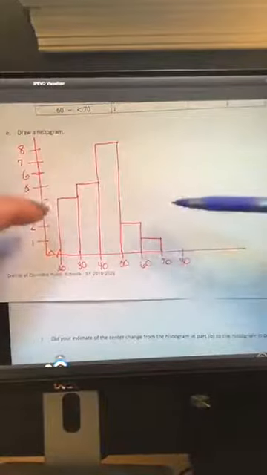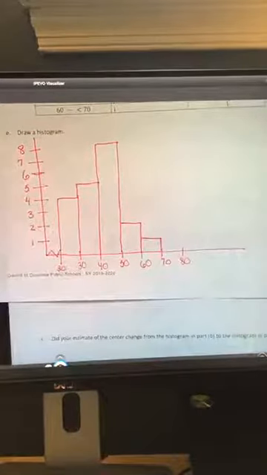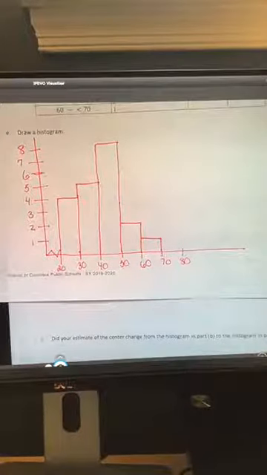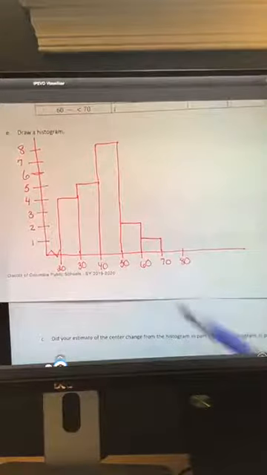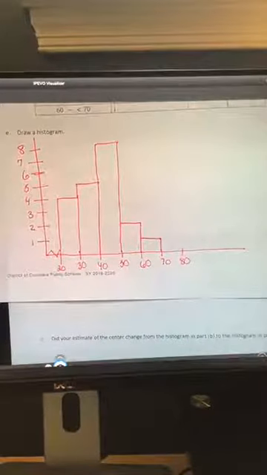Okay, so who thinks they know why? Drop it in the comments. Anybody want to take a stab at it? I'll give you a hint. It has to do with our intervals. Why does this one have fewer bars?